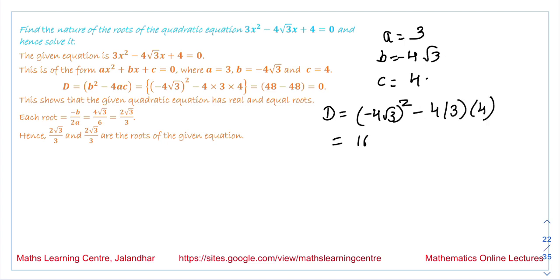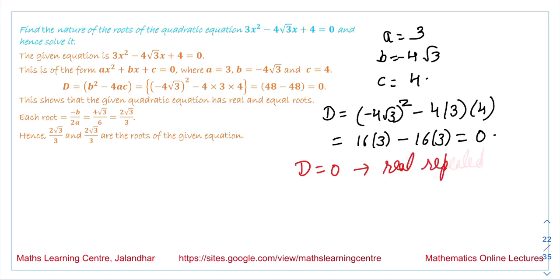So it is 16 into 3 minus 16 into 3, which is equal to 0. So if d is equal to 0, it means the equation has real repeated roots, or equal roots.